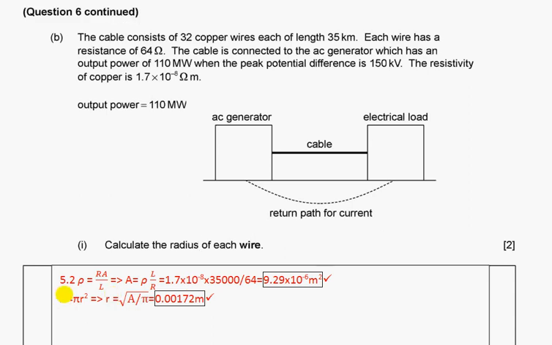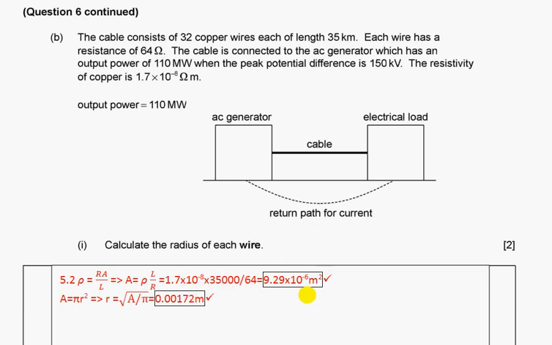So from section 5.2, the resistivity formula we write for area, and we use one wire. Each wire has resistance 64 ohm and length 35 kilometers, and with the resistivity we get the value.